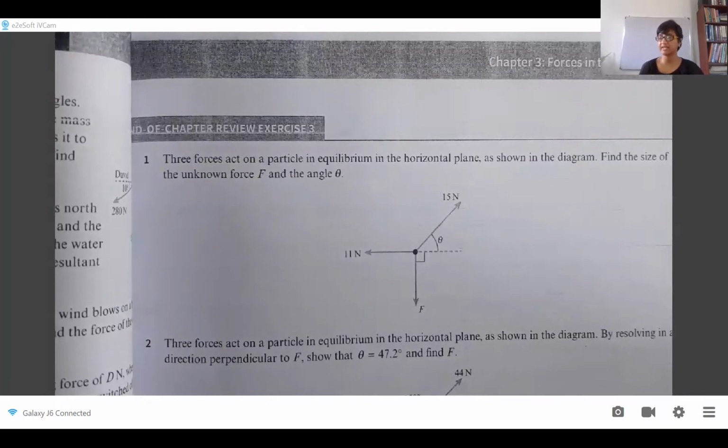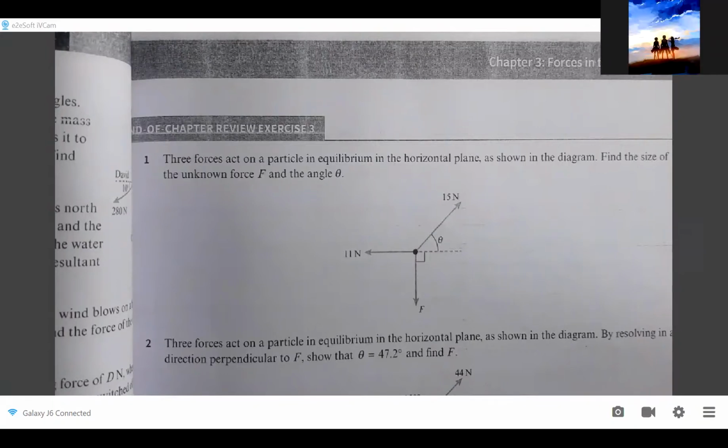One more person give your answers, and if they tally, we'll accept it. Miss, theta is 42.8, and the other one is 15 sine 42.8, that would mean 10.2 for the force F. Okay, that's correct.